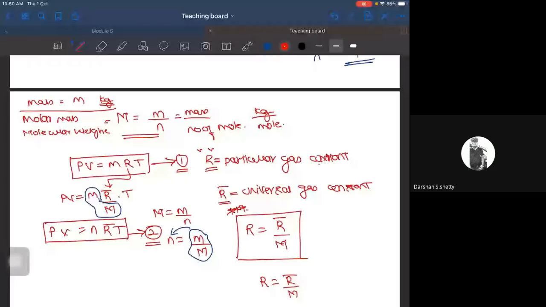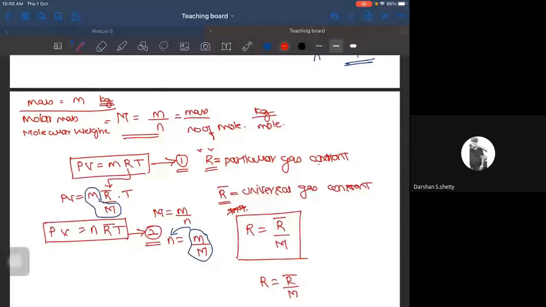Mass and the molar mass. Yes, Darshan. Okay, Chirayu can answer this. Chirayu, I think he has a network issue. Chirayu. Yes, sir. So what is the relationship between the mass and the molar mass? Chirayu. Vignesh.